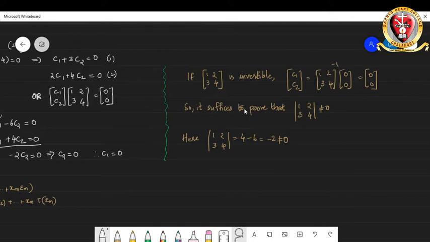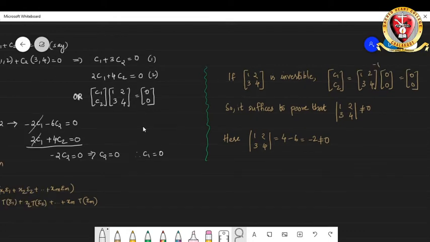So when we understand that the coefficient matrix here is invertible, you can correspondingly say that c1 is equal to 0 and c2 is equal to 0. That means the set of the two elements we had taken is linearly independent. We can conclude that using this.